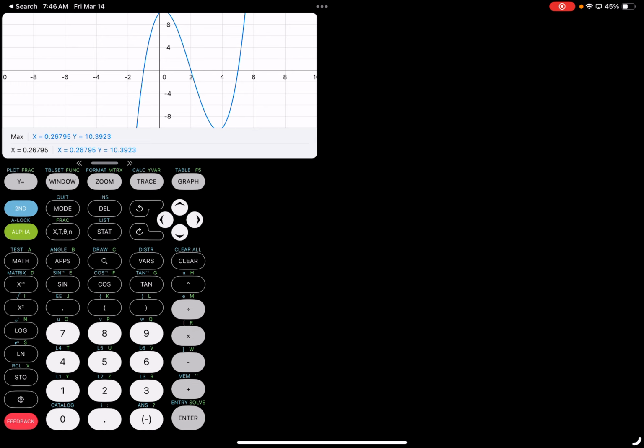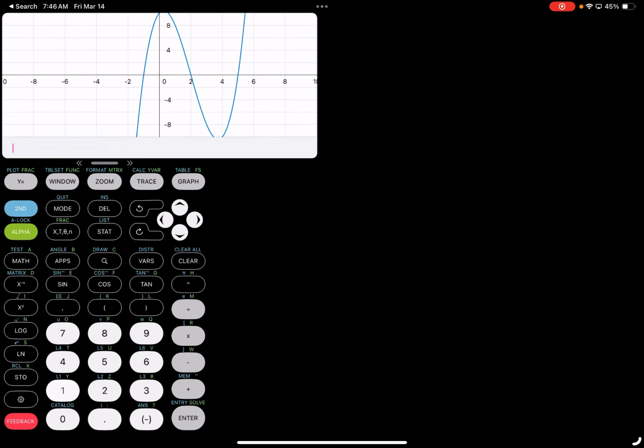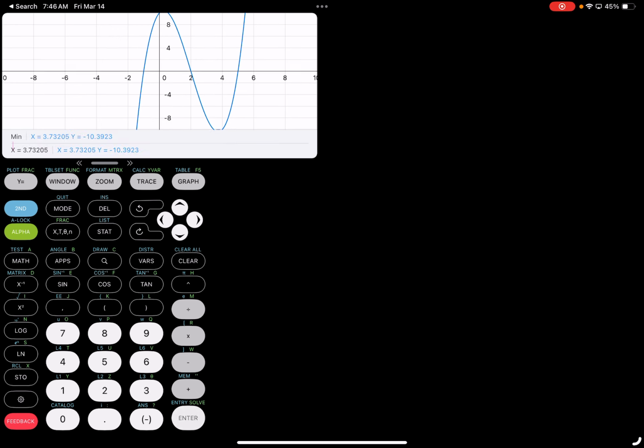And then to do your relative min, you can do second trace again, and option 1, and you can go to plus root 3. And then you'll get 3.732, comma, negative 10.392 for your relative min. And again, you could do this from the home screen.